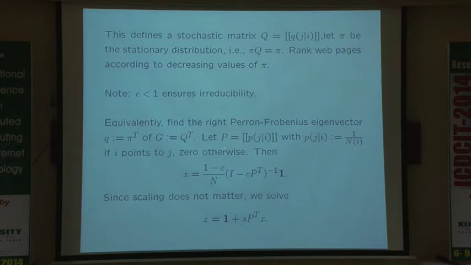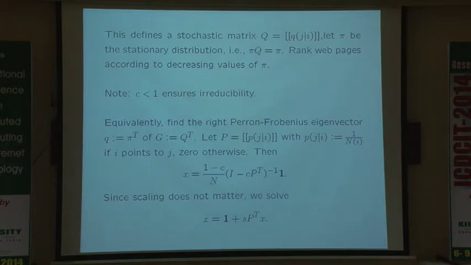In this case, I have this transition matrix given by P_ij, which is 1 by Ni if i points to j, and 0 otherwise. So to make it into the right eigenvector problem, I consider P transpose, and then you just write the equation for that and you get this.